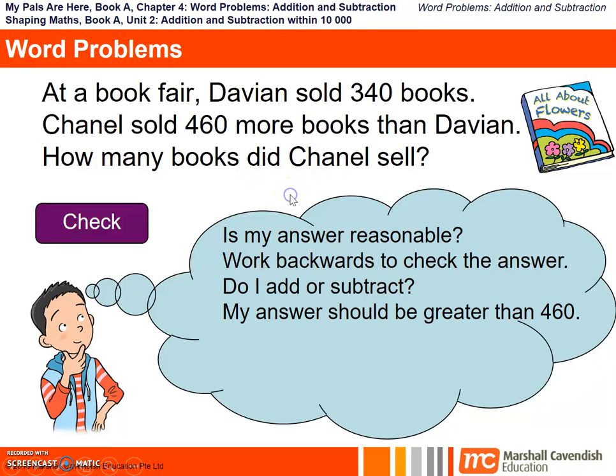Okay, let's move on. My answer should be greater than 460. Yes or no? Yes. Why? Because if it is less than 460, then it's definitely not more than what Davian has. We mentioned that Davian sold 340 and Chanel sold 460 more than what Davian has.